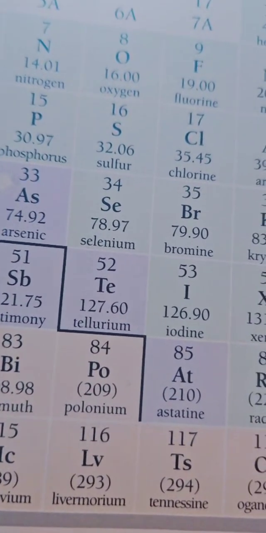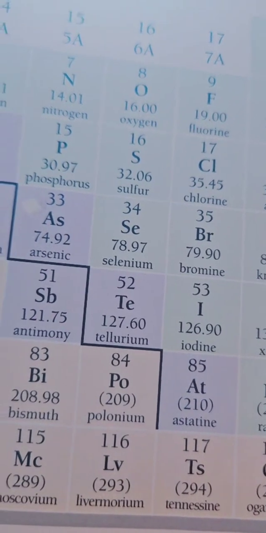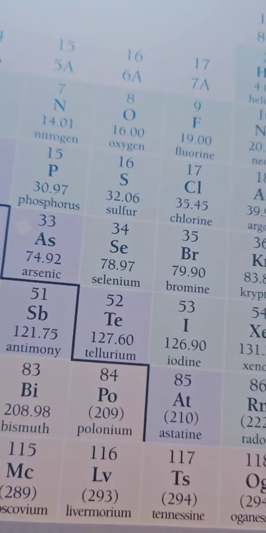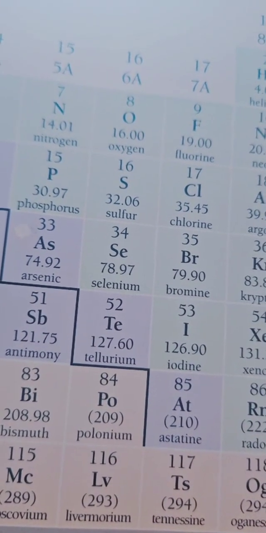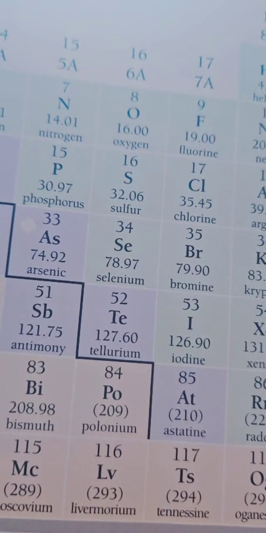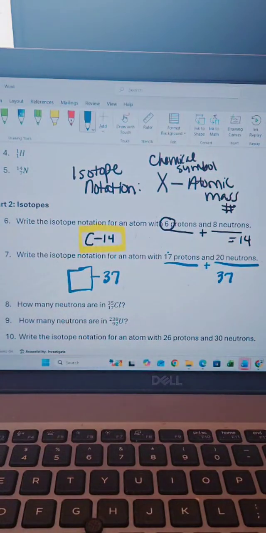Put the symbol in the chat box. Very good. Yes, it is chlorine. So Cl goes right there in the box. To write that better, I would write Cl-37.